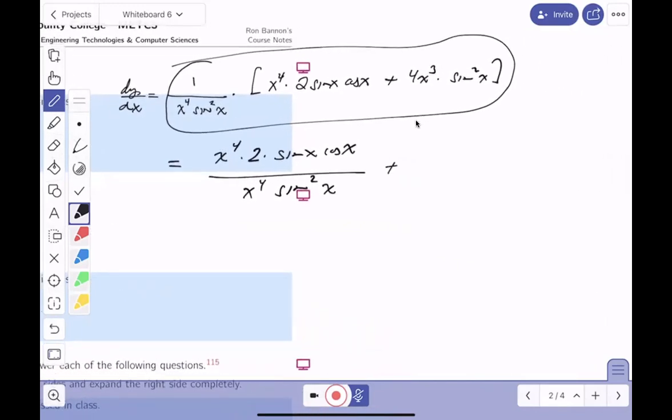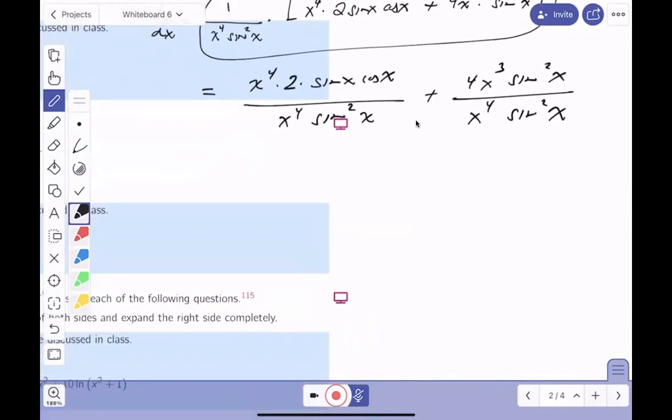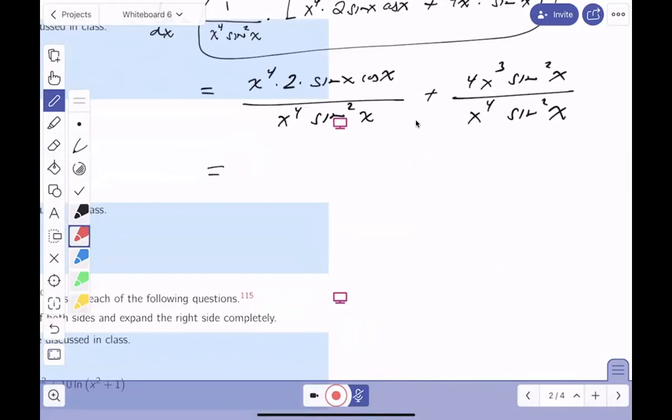Plus 4x cubed sine squared x over x^4 sine squared x. And again, I'm not beyond making a mistake. I'm going to look at this and simplify. This simplifies. Well, one of the factors of sine disappears. And what he left off over there, 2 cotangent.